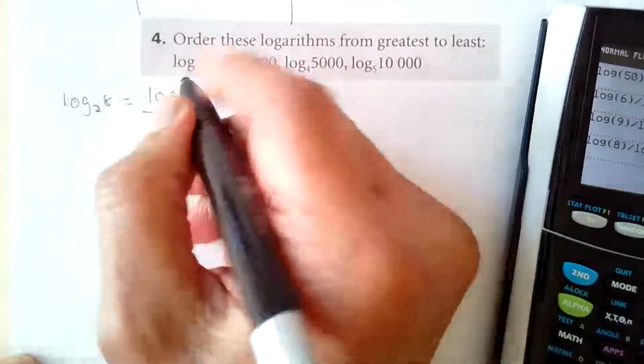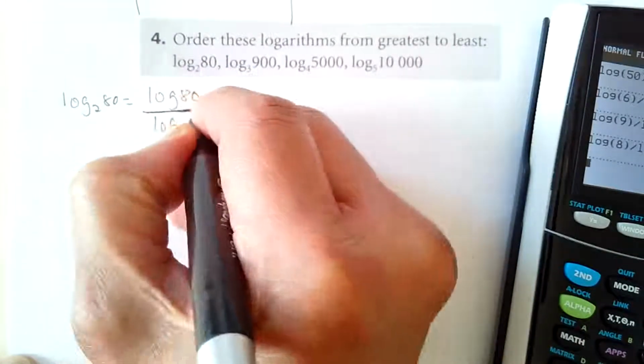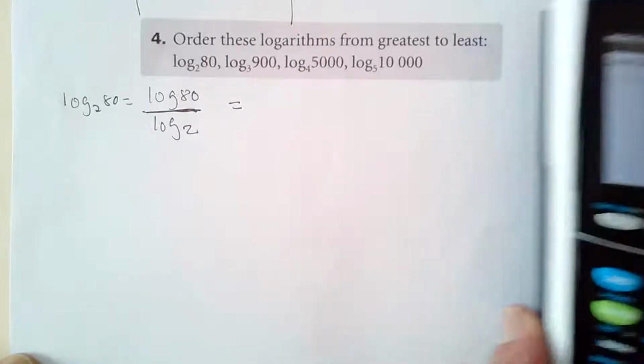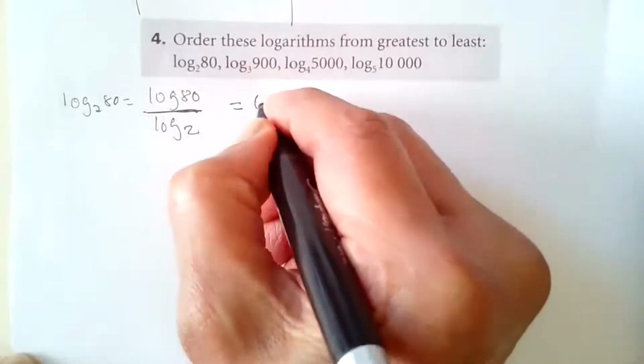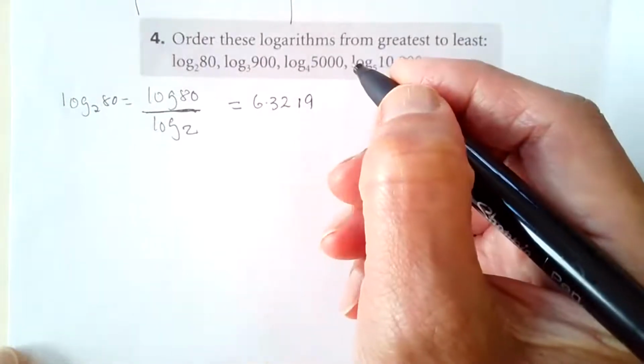No, it should be log 80. I'm just following what's here incorrectly. Okay, so let's do that again. It's log 80 divided by log 2, which is approximately 6.3219.